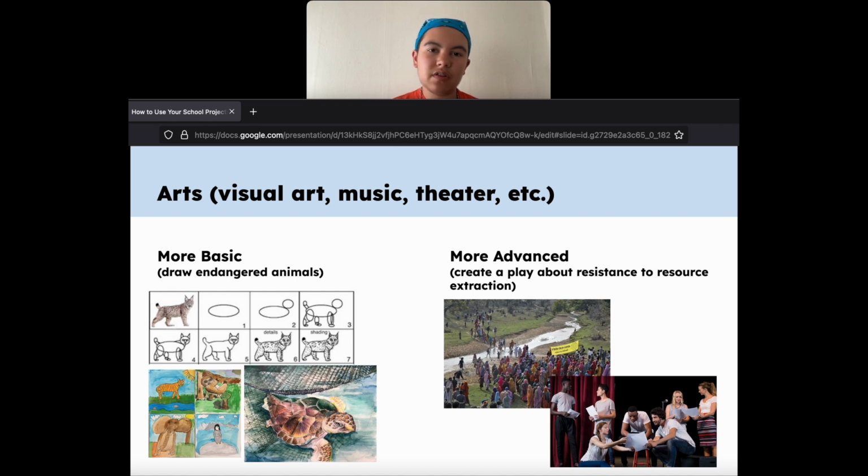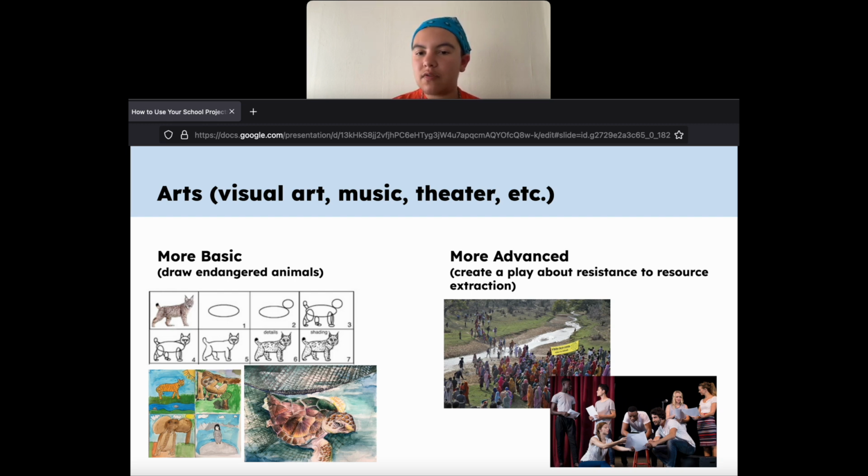If you look them up, there are lots of scholarships that you can apply to where you submit your art to a contest, and that's a good way to maybe get some scholarship money and use your art to promote an important topic like this.